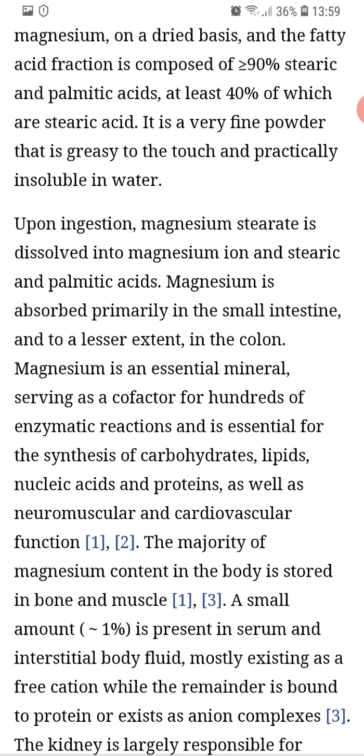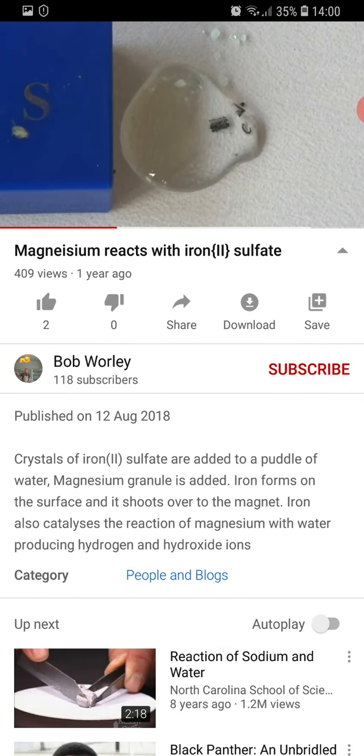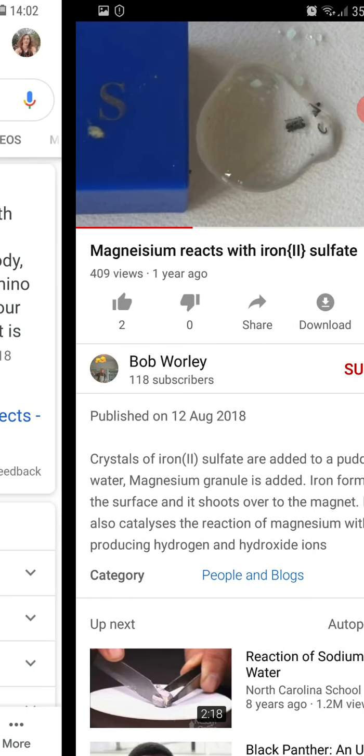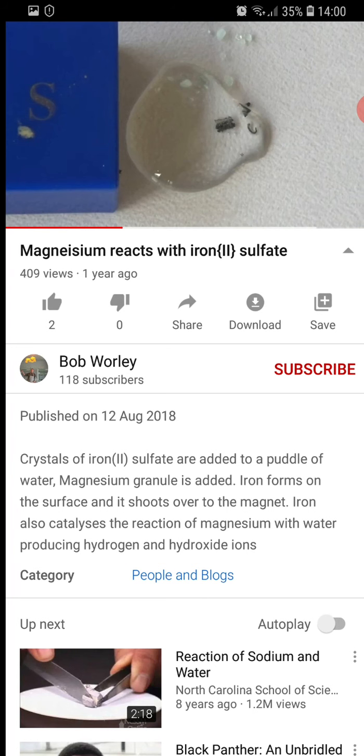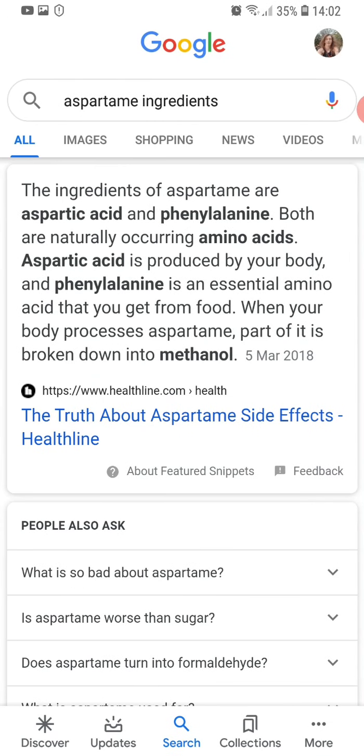Magnesium content in the body is stored in bones and muscles. Oh, it's nano sizes. Iron sulfate. See, both are naturally occurring amino acids.